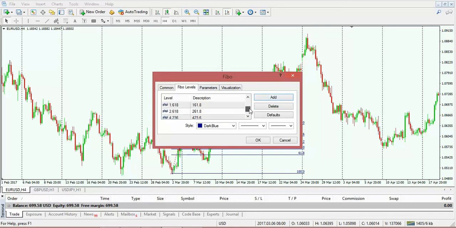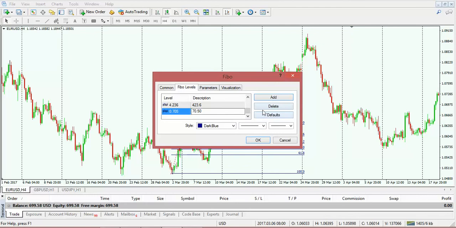I just want to add some Fibonacci numbers that are not already on the chart.